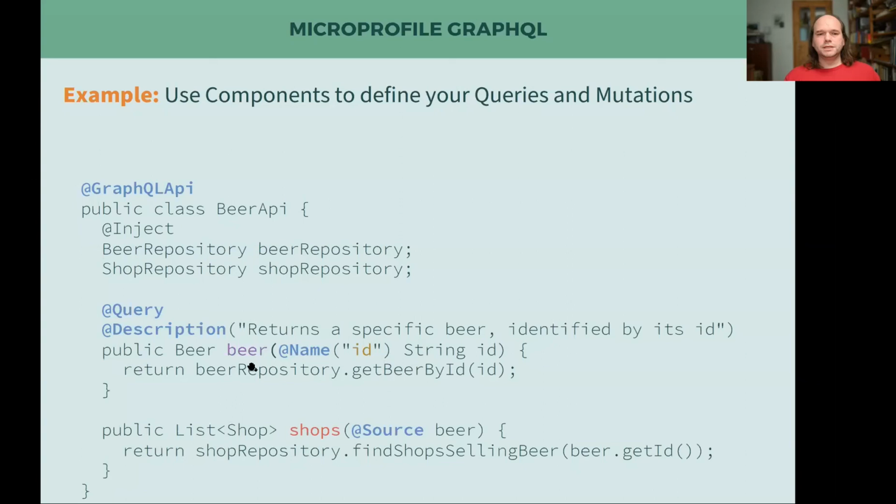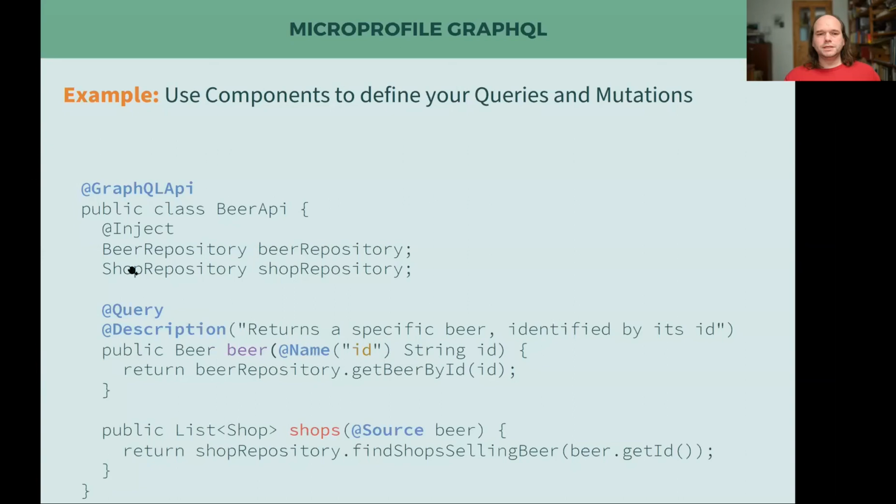So I think the programming models from GraphQL Java Tools, Spring GraphQL, Netflix, and MicroProfile are quite similar, and are quite similar to the way we are writing Java EE or Spring applications in general, using a lot of annotations, using dependency injection and such things.